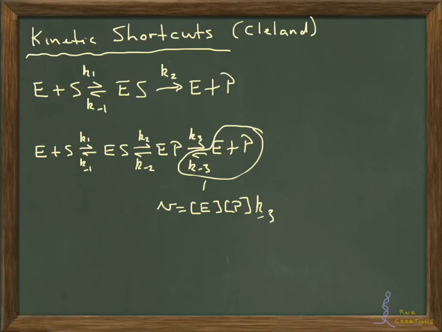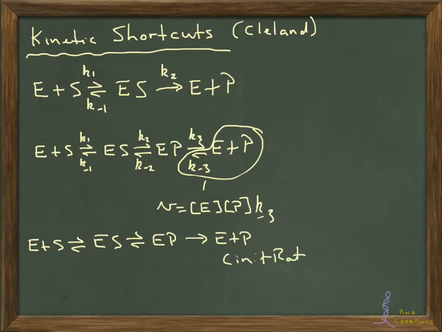So I'll go ahead and write everything over one more time. I haven't done any funny business yet with the rate constants. I'm about to. But these are still k1, k minus 1, k2, k minus 2, k3.